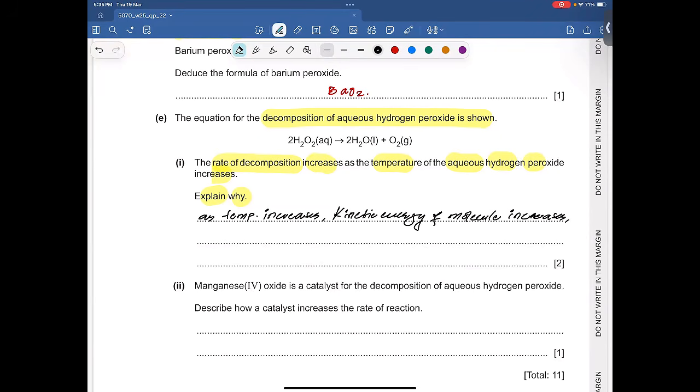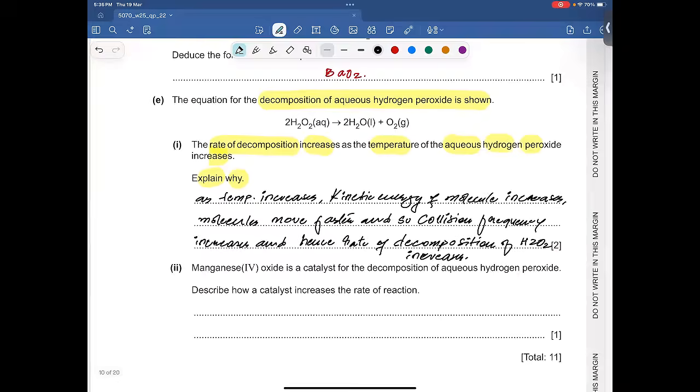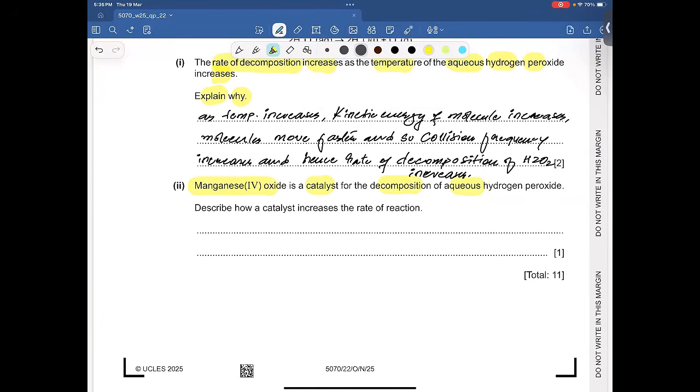If kinetic energy of molecules increases, then molecules move faster, and so collision frequency increases, and hence the rate of decomposition of hydrogen peroxide increases. Okay.